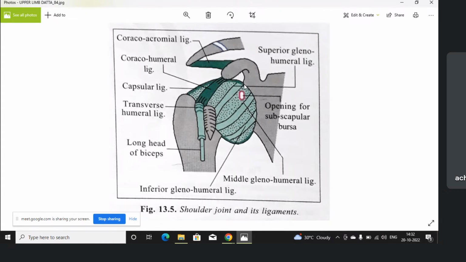Glenohumeral ligament. It consists of 3 ligaments.